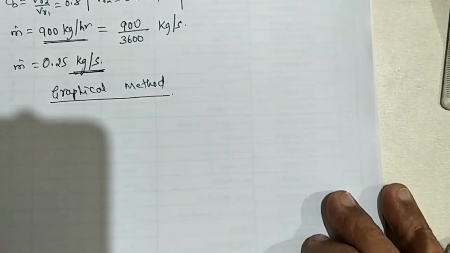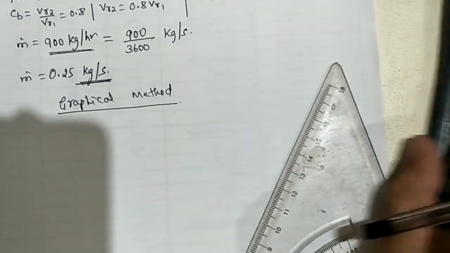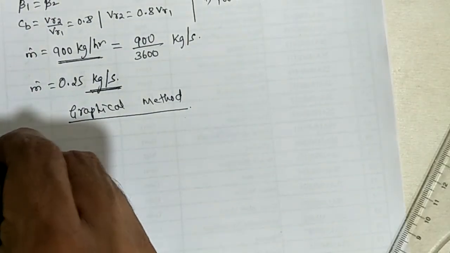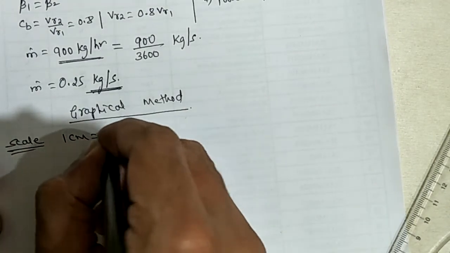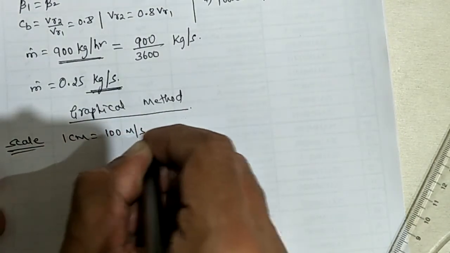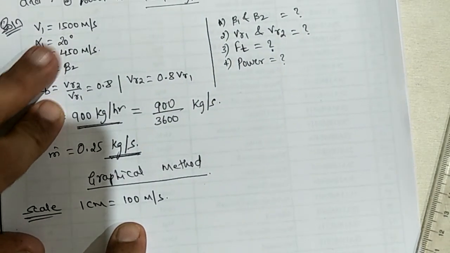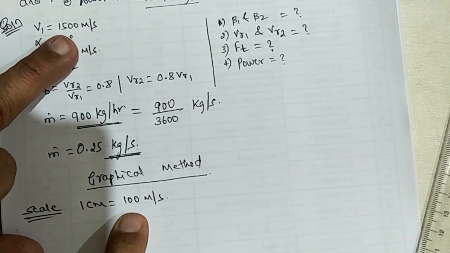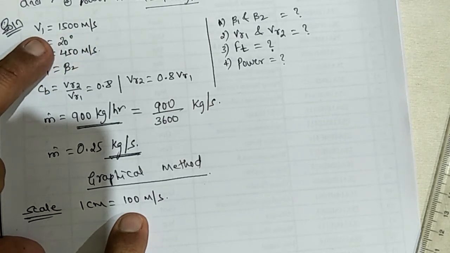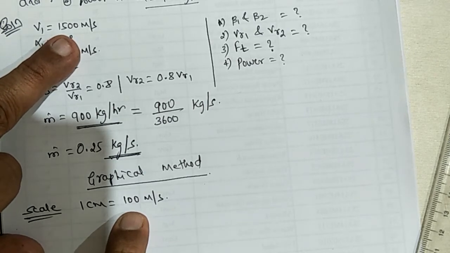So I will choose one scale: 1 centimeter is equal to 100 meters per second. This is the scale which I have chosen, and for V1, which is 1500 meters per second, if I draw the velocity triangle, then the length of V1 will be 15 centimeters.